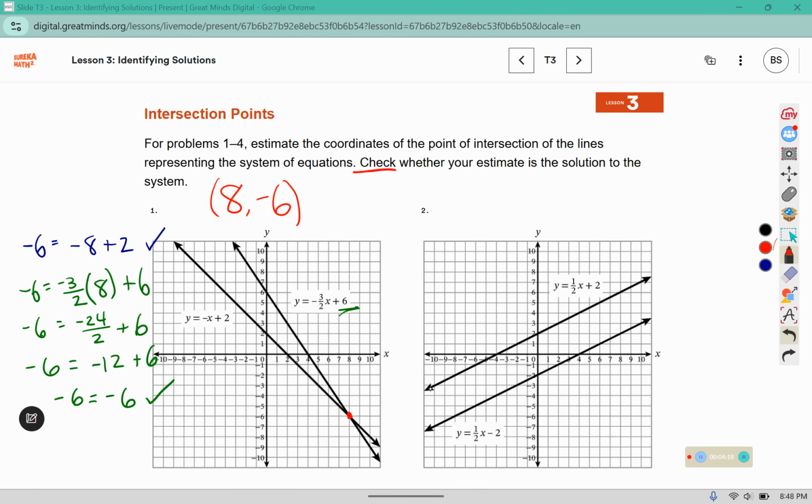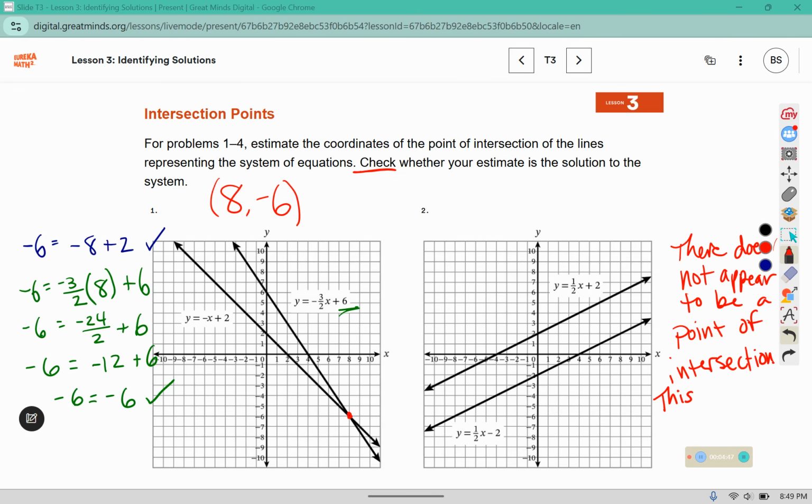In this problem, I don't see any point of intersection. So we're going to say there does not appear to be a point of intersection, which would mean this system, the system is the set of both equations, has no solution.